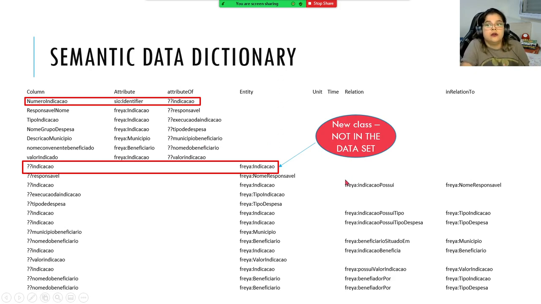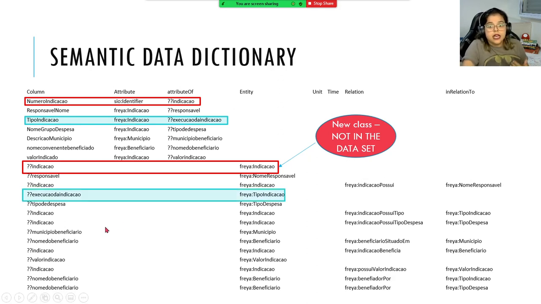And then we can go a little bit further and say tipo de indicação is related to execução da indicação. We can call it whatever we like. And then we're going to explicit that in a class. Again, we have execução de indicação that goes back here, and that is tipo de indicação.